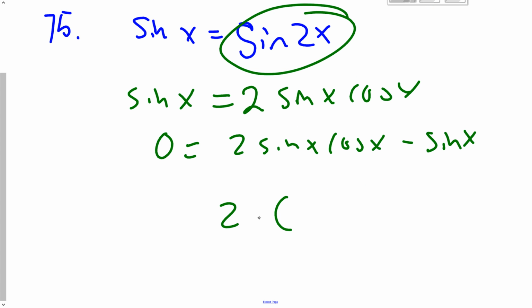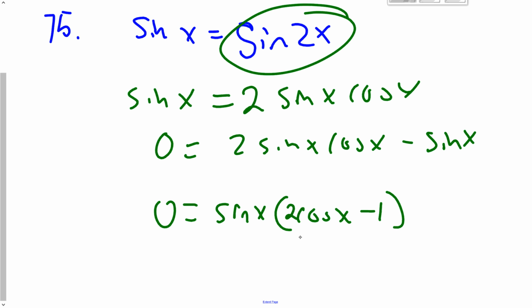So 2 sine x times cosine of x. Actually, that 2 stays in there. So I'm only factoring out a sine of x, so that 2 stays in there, minus 1. This right here is not squared, so that's fine.